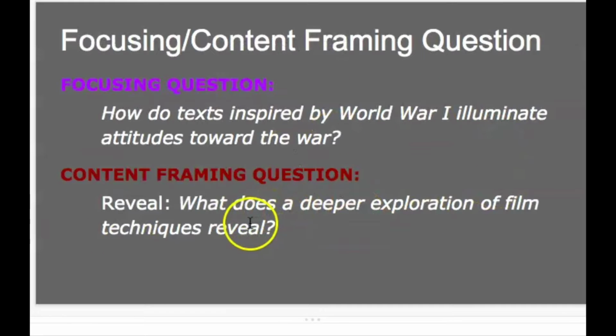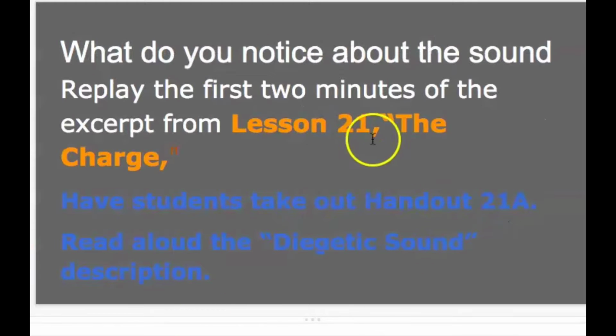Let's look at our focusing question task and our content framing question. Our content framing question says, reveal, what does a deeper exploration of film techniques reveal? So I want you guys to think about, what do you notice about the sound?